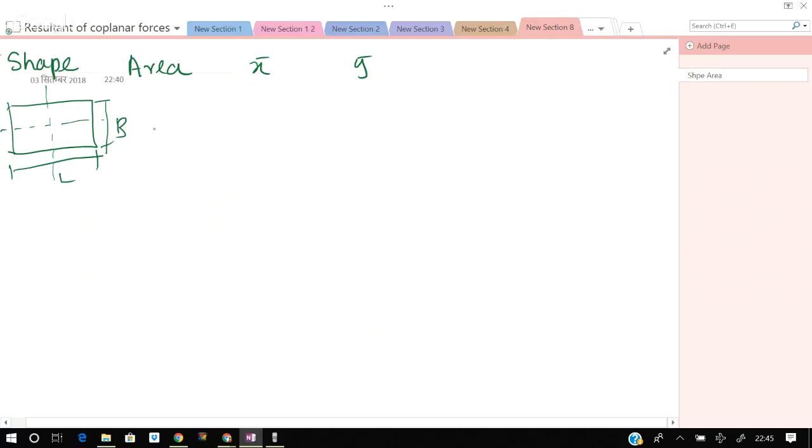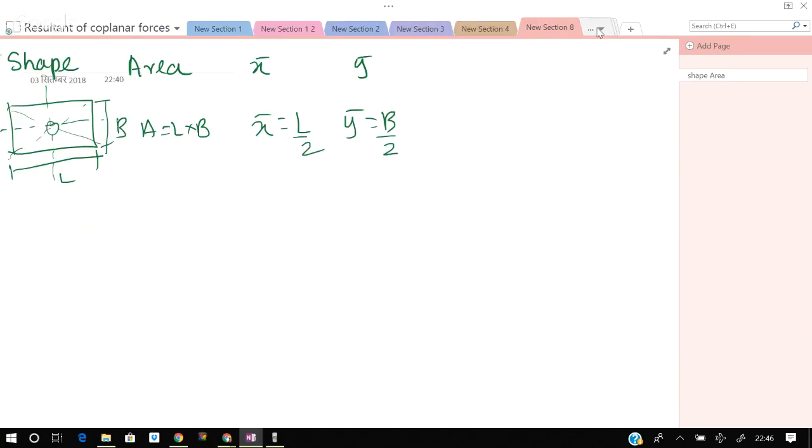This will be the length. So area will be equal to length into breadth. So x bar will be equal to L by 2. Y bar is equal to B by 2. That will be at the intersection of the two diagonals. That point will be called the centroid.